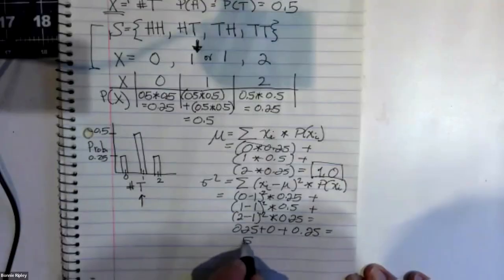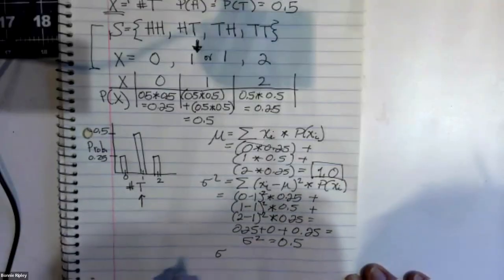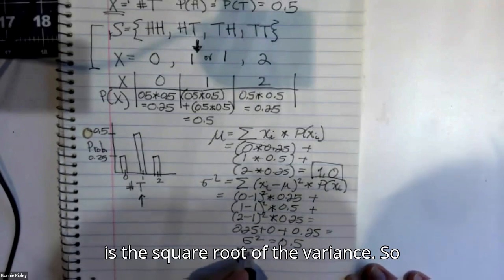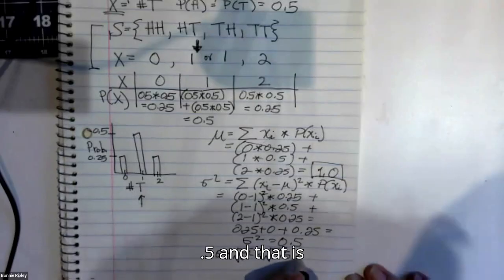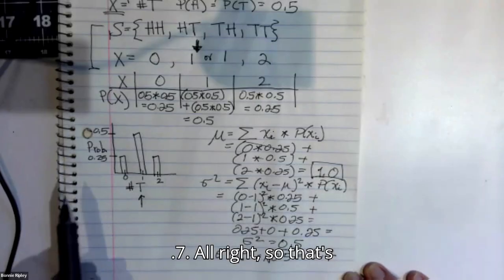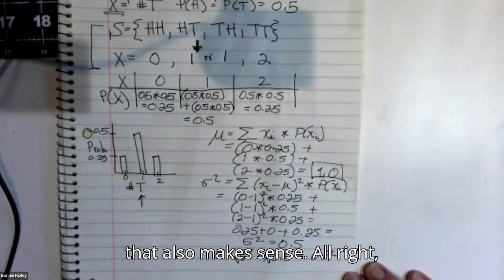So our variance is 0.5. Our standard deviation is the square root of the variance. So we're going to take the square root of 0.5, and that is 0.7. All right, so that's going to give us the standard deviation, and that also makes sense.